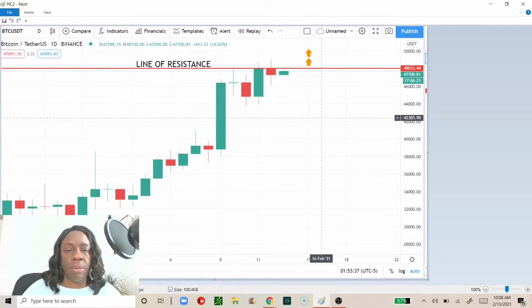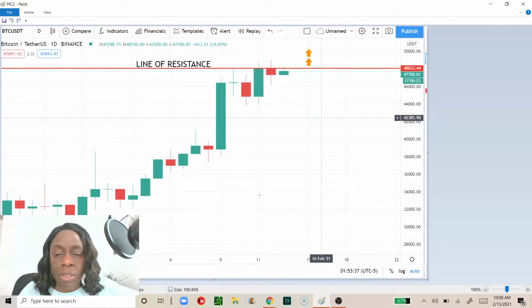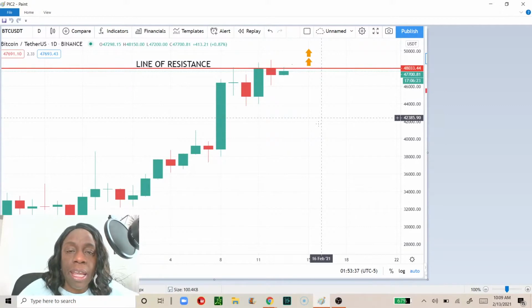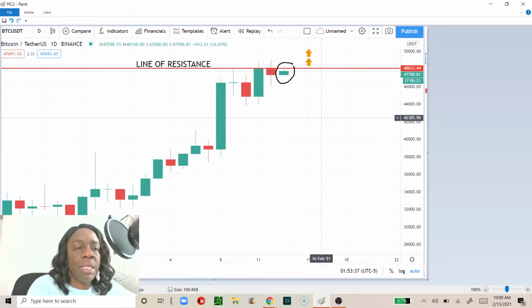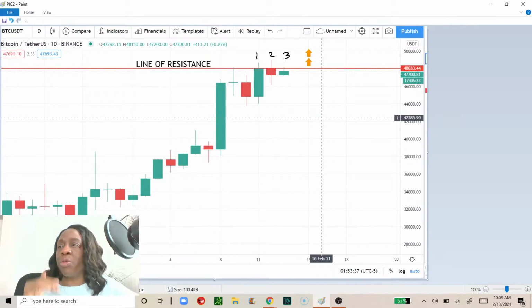This is awesome because you can see that the last candle we see here is a Friday candle. Today's Saturday, so this last green candle is actually Friday, right there. And the point is, for the last 3 days, price action has been trying to get above the line of resistance.